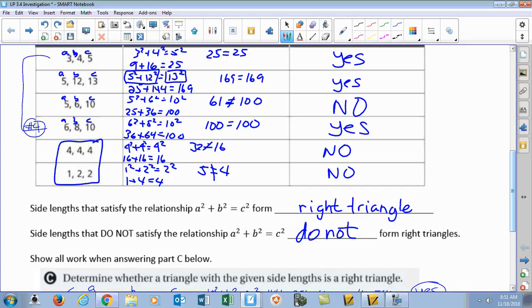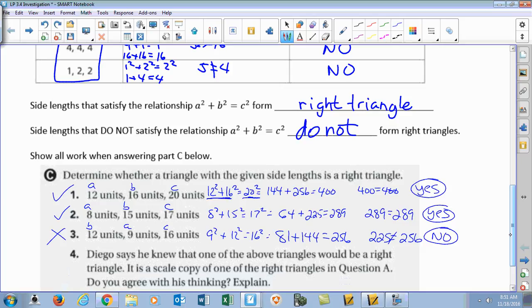And she's comparing it to number 1 and down here in C. Isn't 6, 8, and 10 half of these numbers in number 1? Half of 12 is 6. Half of 16 is 8. Half of 20 is 10. So that triangle is half the size of that one, because you had to multiply each by 2 to get to the same. So it's half the scale. This is double the size of the triangle that number 4 is.